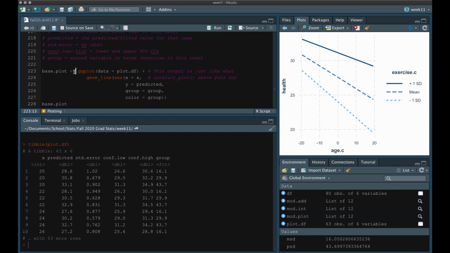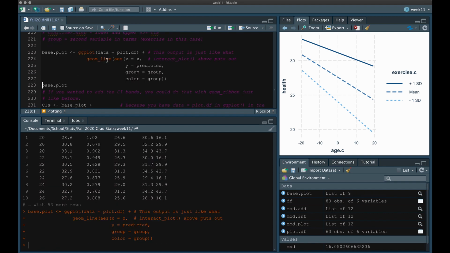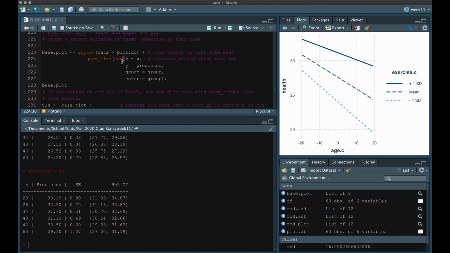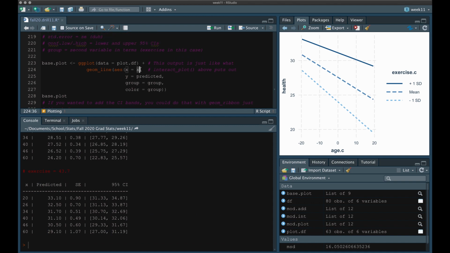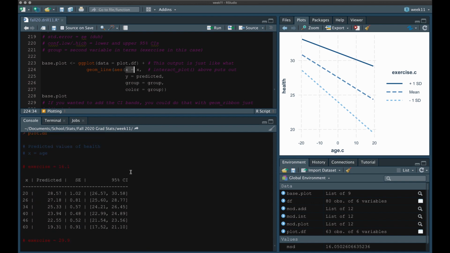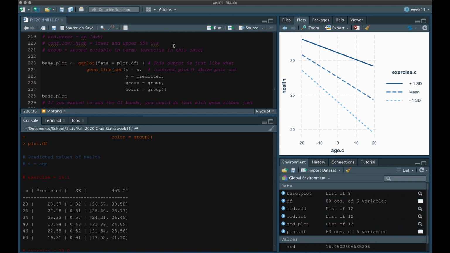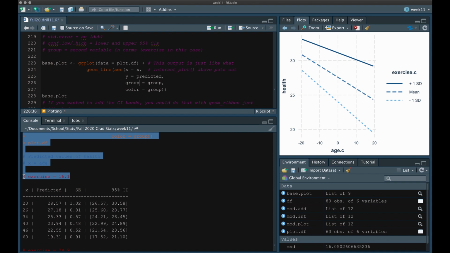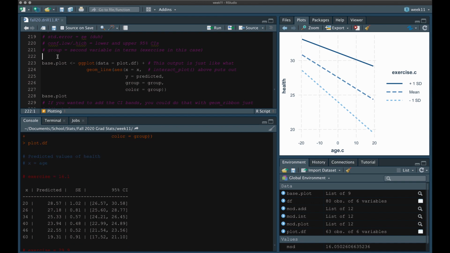So then basically what we can do is take that plot df that we created, and tell it that our age equals x, because that's our age, y equals predicted, because that's our predicted health score, and then we tell it to group and color it by that group variable, which is the exercise, mean plus and minus one standard deviation.